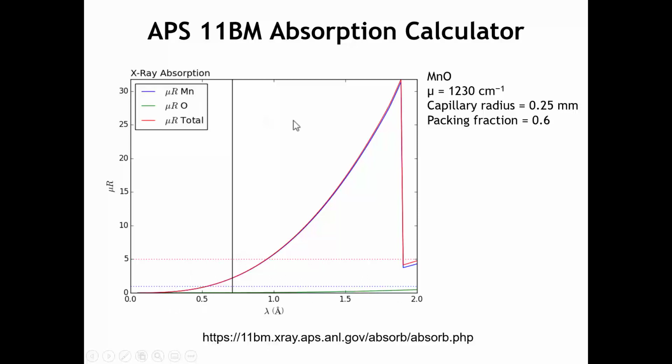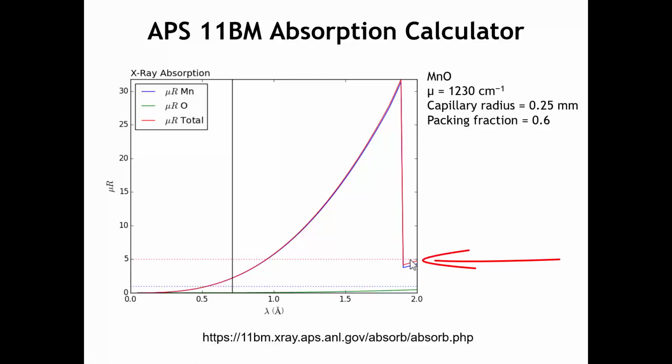In this package, it'll ask you to pick a wavelength, and here I picked 0.71 angstroms, and so you can see it's telling you, okay, here is the wavelength of your planned experiment. But you can see from the graph what it would look like if the wavelength were 1.5 or 0.4 or anything else. It also shows you a red line, that's mu r equal to 5.